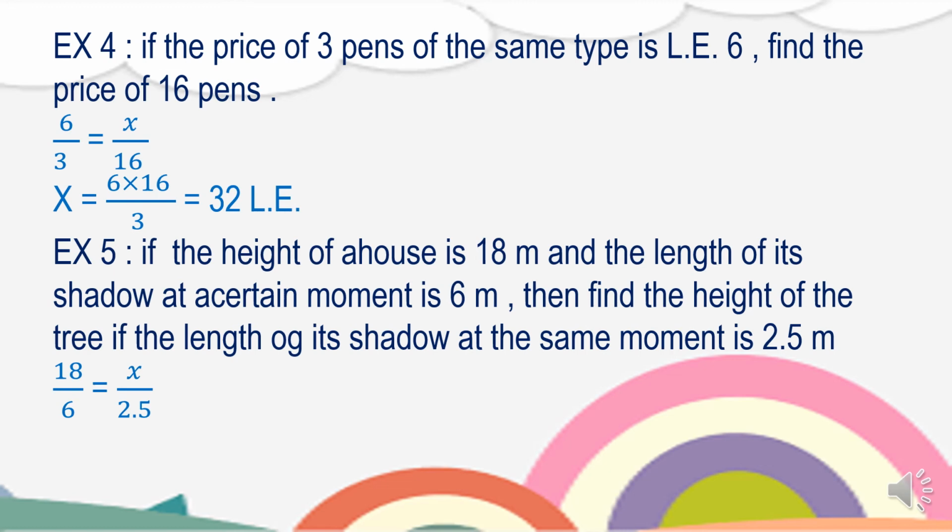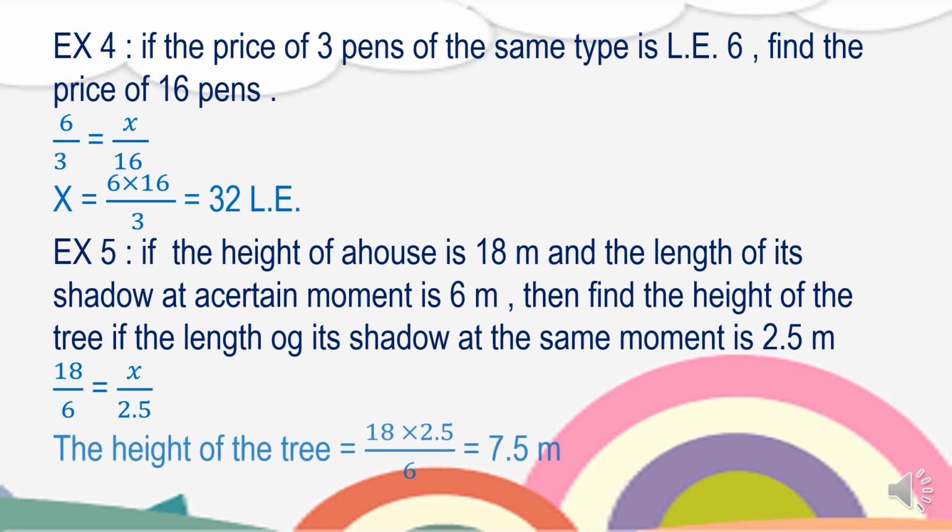It is easy to get x. Do I have extremes or means? Yes, I have all the extremes. So I multiply the extremes and divide by the only mean I have. So x equals 18 times 2.5 over 6. This is the height of the tree, equal to 7.5 meters.